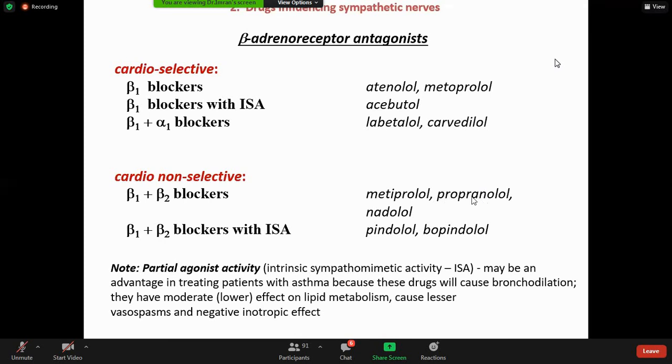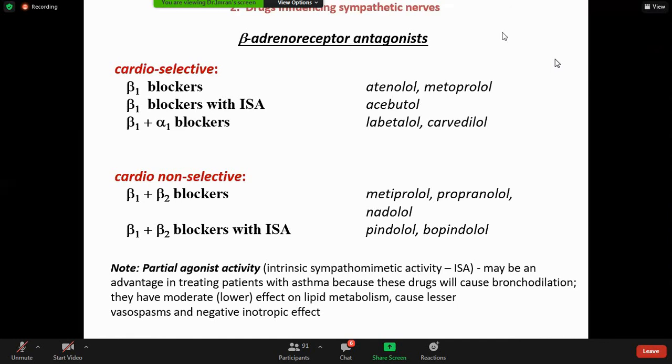Now, an important point which is asked in the exam. There is a question: why should non-selective beta blockers be avoided in a patient having a history of asthma?